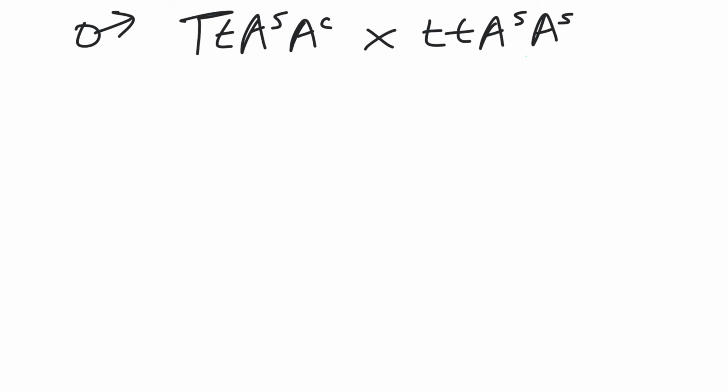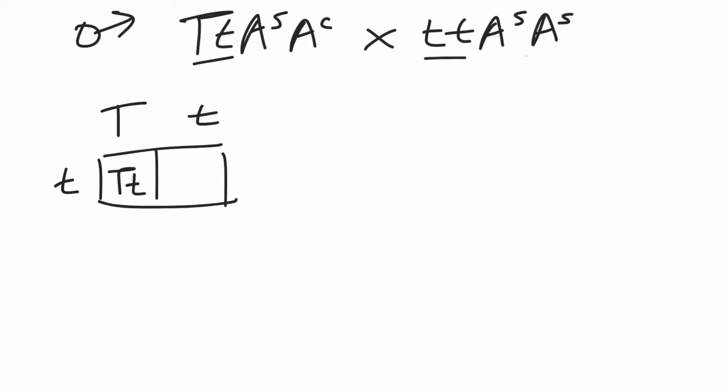All right, so I've rewritten the parents here, so it's easier to do a cross on the next empty page. We'll do them separately. This is the T's crossed together. You have two options of sperm, big T and little t. You only have one option of eggs, little t. So this is one of those test crosses. And then for your A's, you have two options of sperm, the AS sperm and the AC sperm.